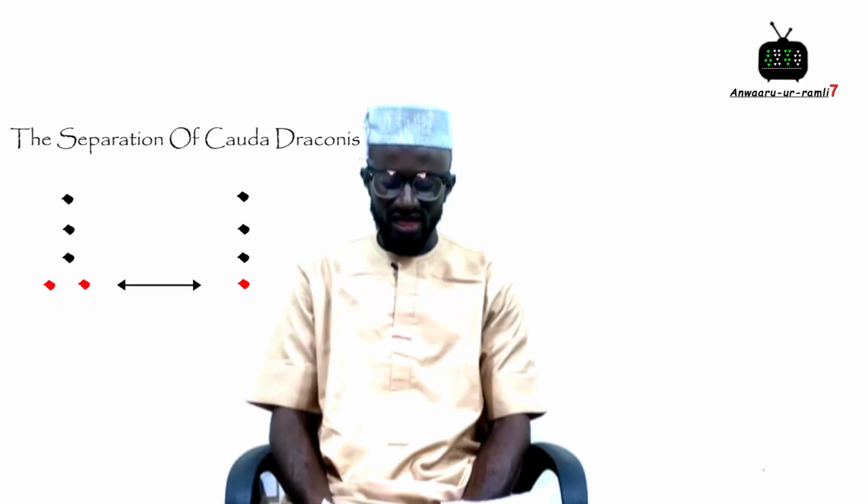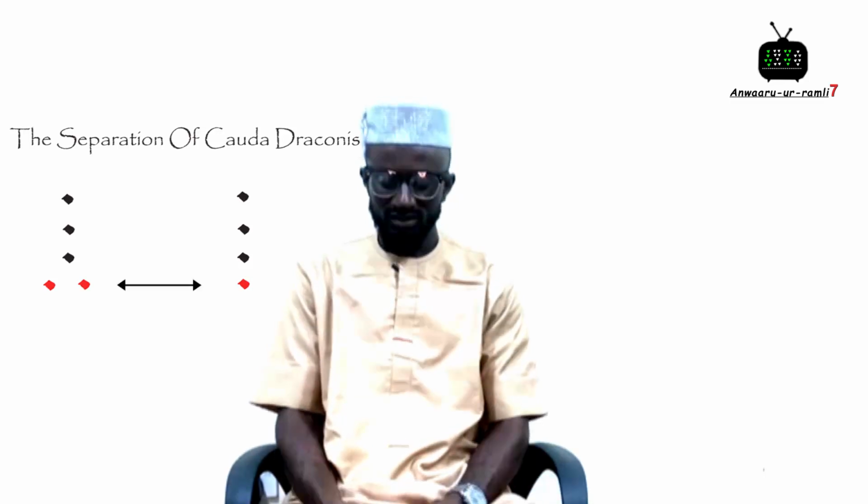Cauda Draconis is having its land element as a closed element. Therefore, you open it. If you open it, it will convert to Vir. Therefore, Vir is the separation of Cauda Draconis, and in return, Cauda Draconis is the separation of Vir.